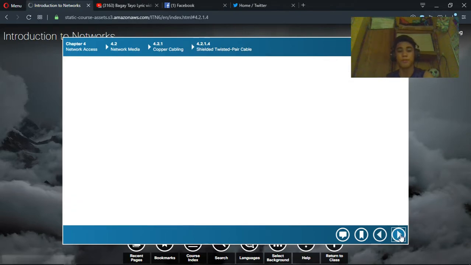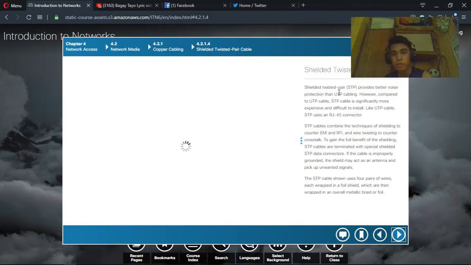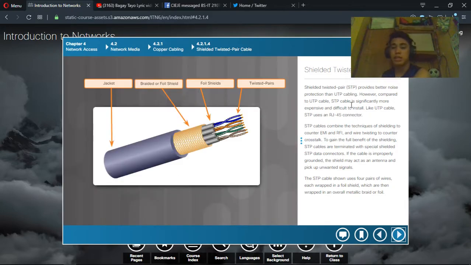Let's proceed. Shielded twisted pair cable, or STP. STP is very different from UTP because it provides better noise protection than UTP cabling, but it is more expensive and difficult to install than UTP.